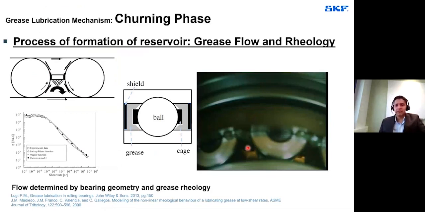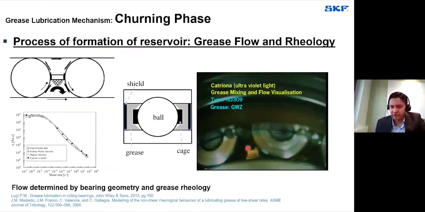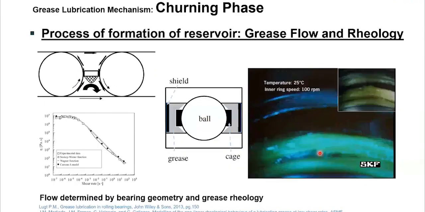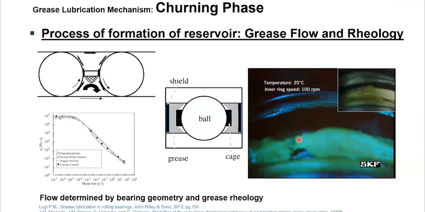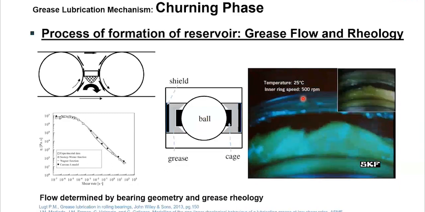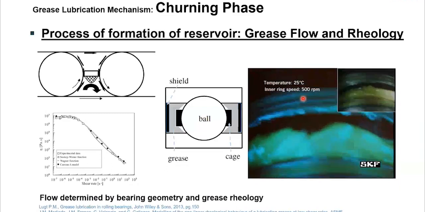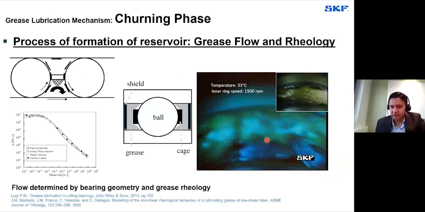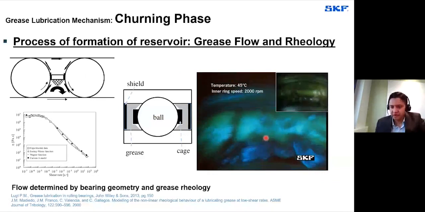And here we will show a small video of how exactly grease mixing and flow of the grease is happening. Here we used a CRB, and the grease used is a lithium complex grease. Here you see that when we increase the speed of the operation, how exactly the grease started to flow, how the migration of the grease happens, and how the redistribution of the grease is going to take place in the bearing.